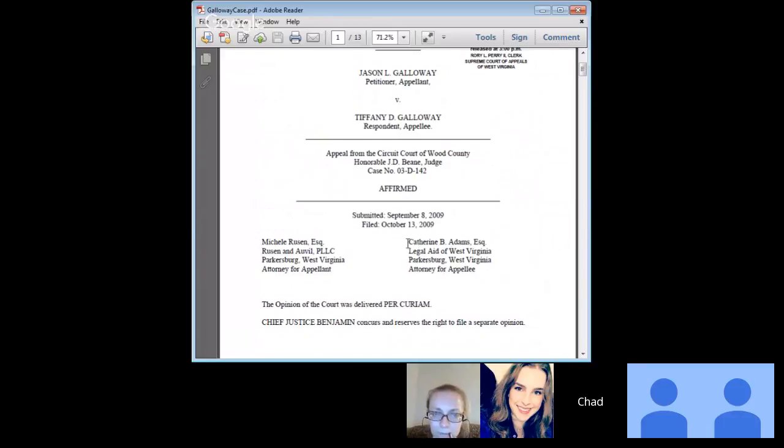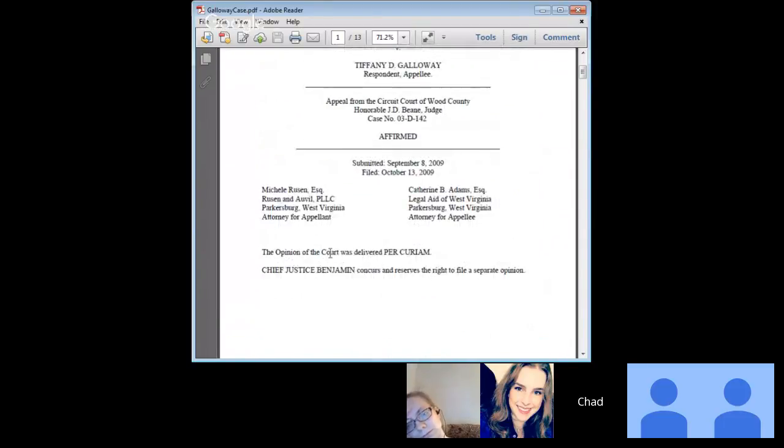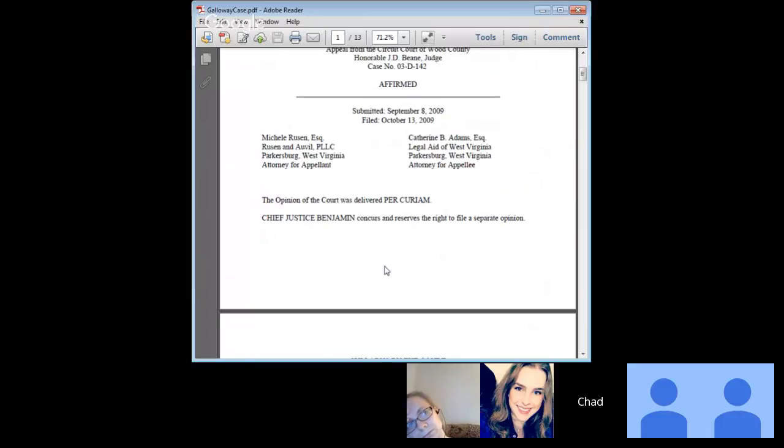And the appellee is represented by legal aid, right? And Catherine Adams is an excellent legal aid lawyer, or lawyer, period, and she does legal aid. Kind of interesting case. Another thing you could note is that this comes out of Wood County, right? One of our judges, and it's a per curiam opinion.